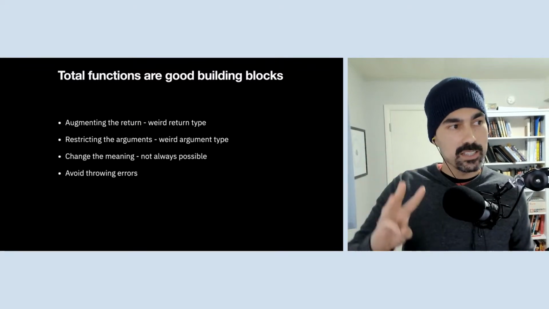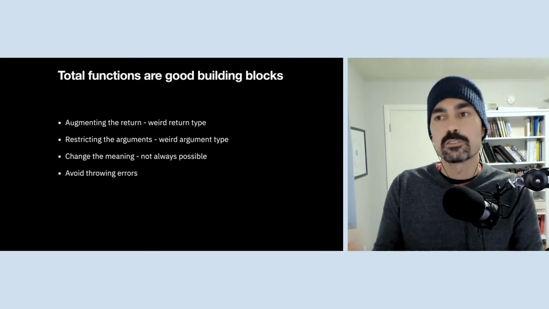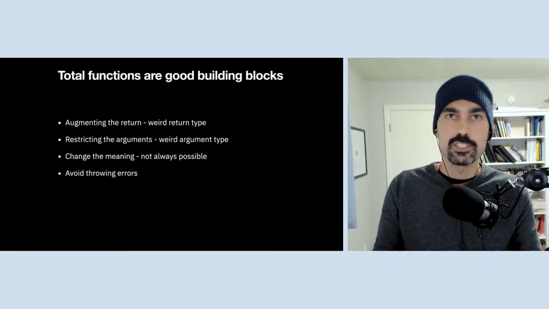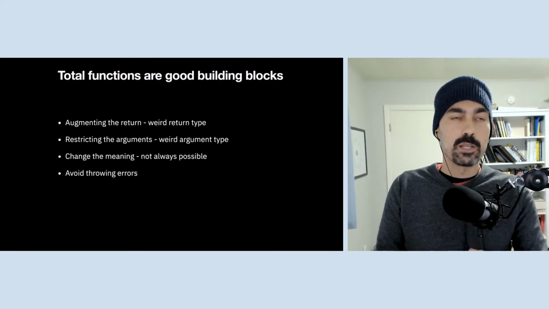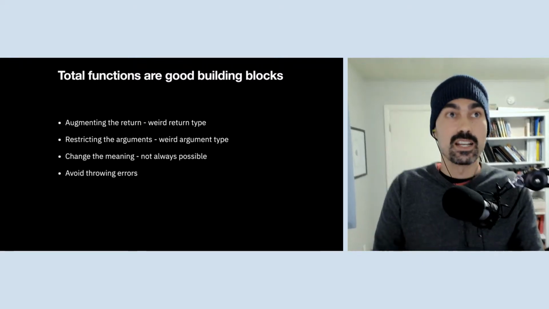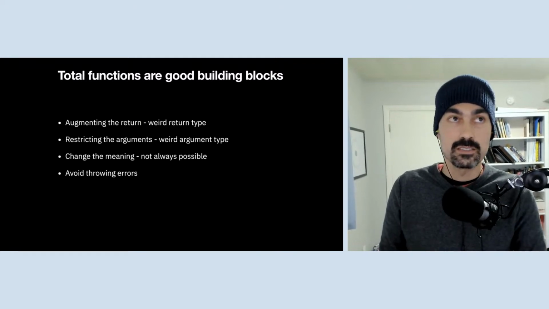Okay, so there's three things that we can do. We can augment the return. The problem with that is it creates this new weird return type. We have to handle the return. So if you return null instead of a coffee, we have to check that. We can restrict the arguments, but somewhere, something is going to have to check that coffee.size is not equal to size.